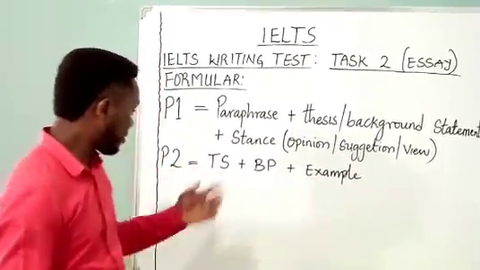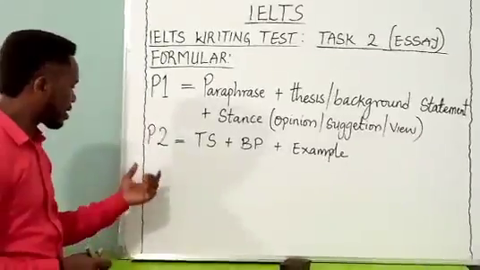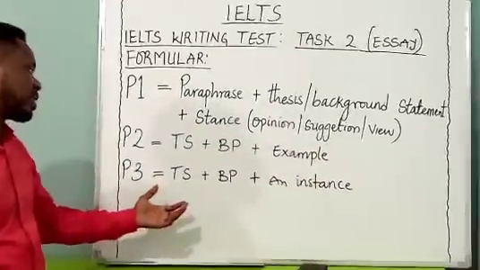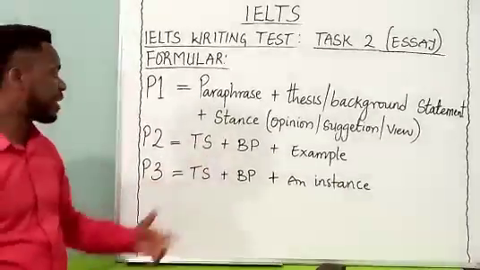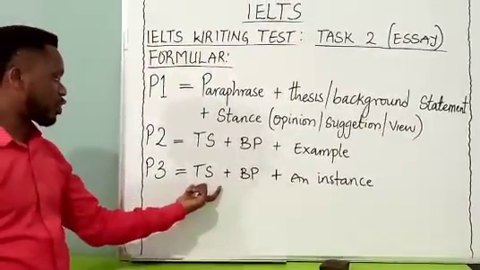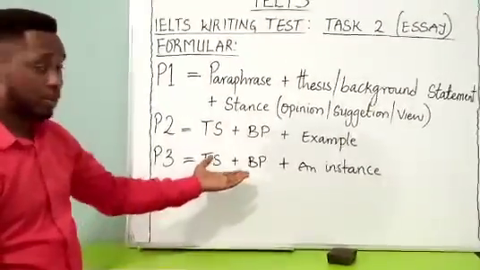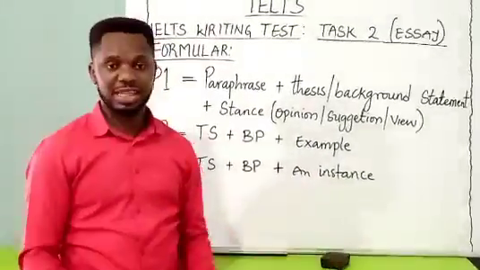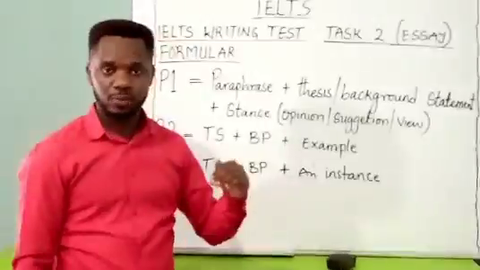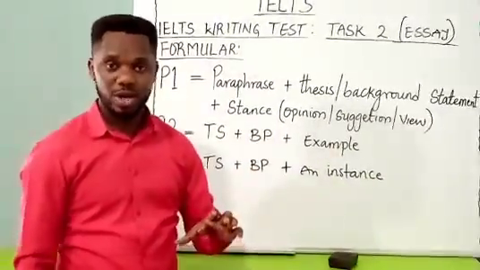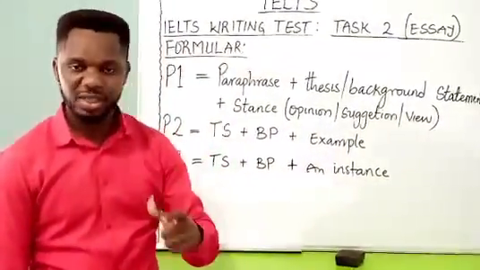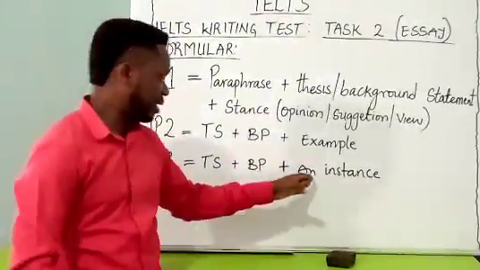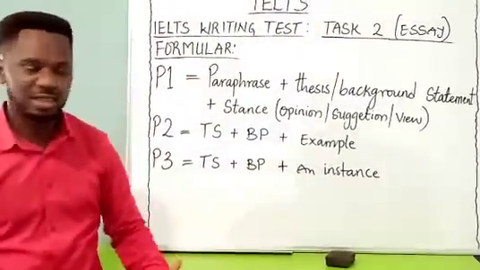If you can do this, then you are on track towards getting your band score of 8 in your essay writing. And immediately after your P2 is P3. P3 still follows the same trend as your P2, where you have your topic sentence, your body paragraph, and an instance. Of course, in IELTS, we're expected to use synonyms. We are advised not to repeat words. So here I have my example, and in the second one I have an instance.